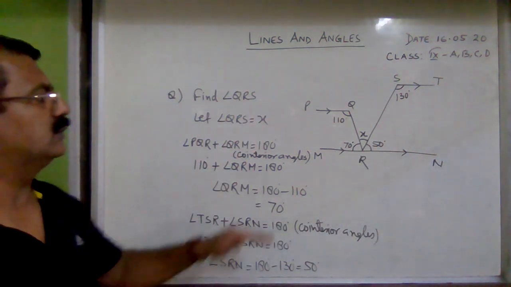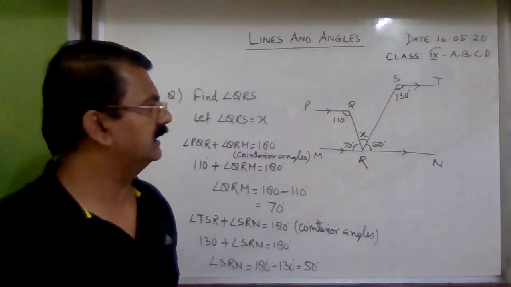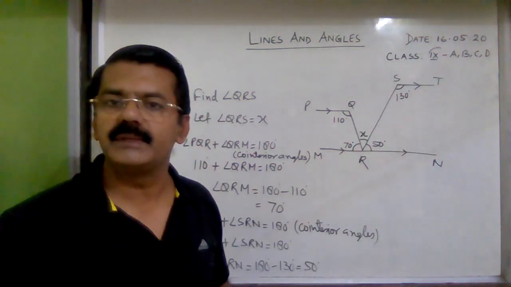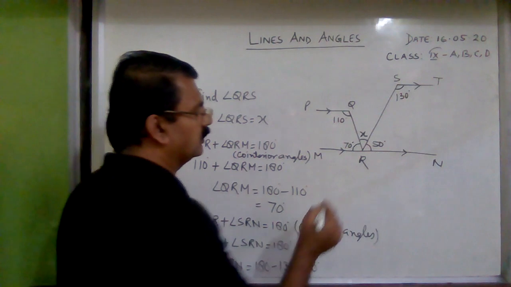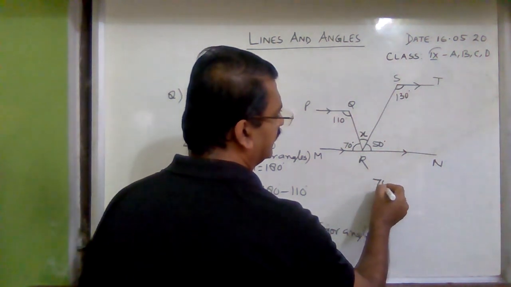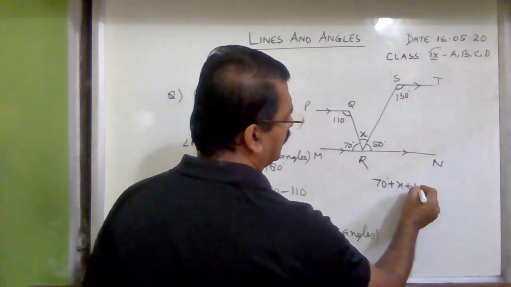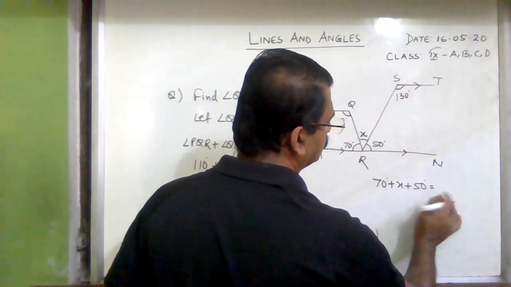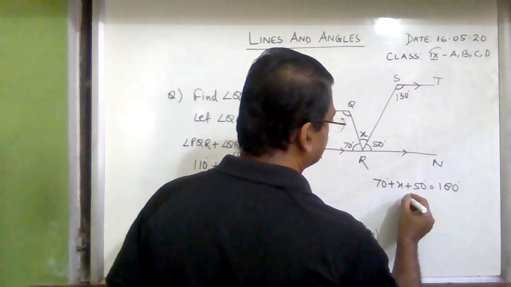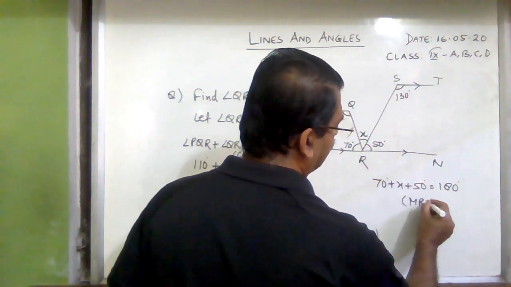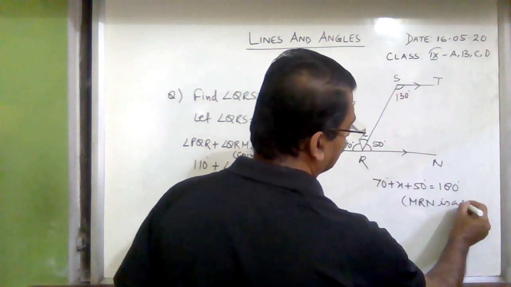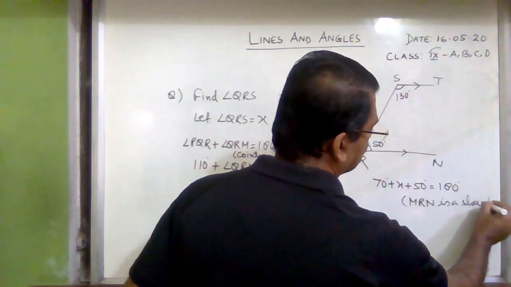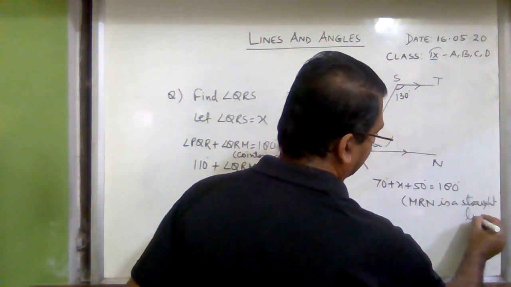Now as you can see, MRN is a straight line, so the sum of these three angles will be equal to 180. So you write 70 degrees plus X plus 50 degrees is equal to 180 degrees. Reason, you write MRN is a straight line.